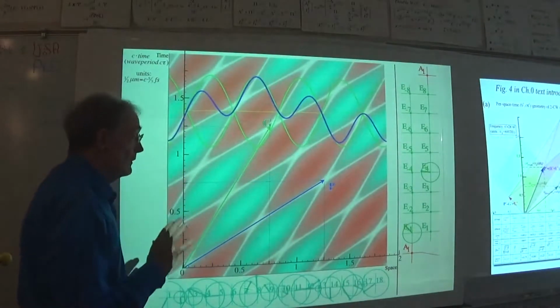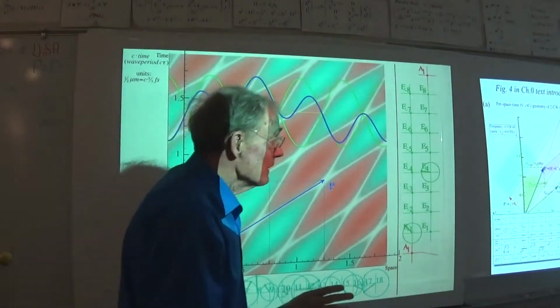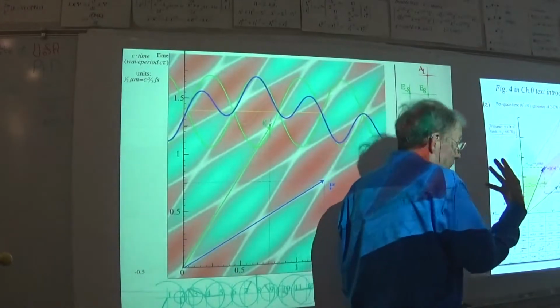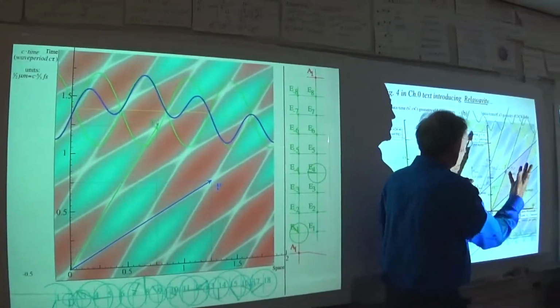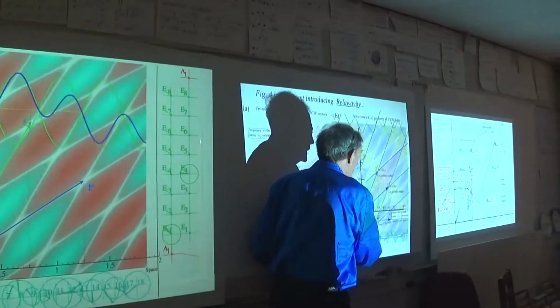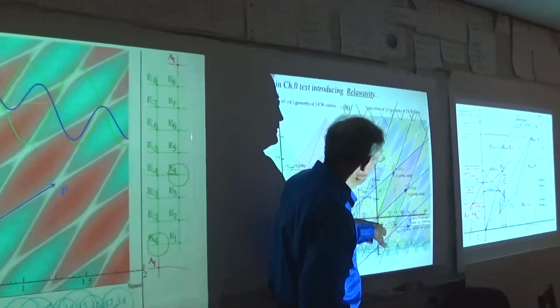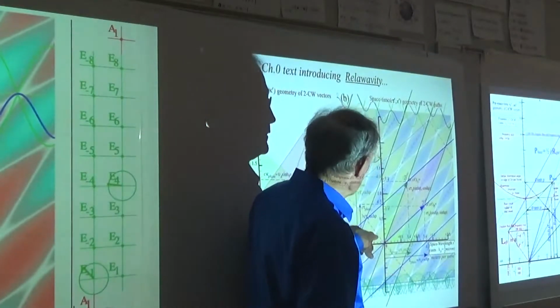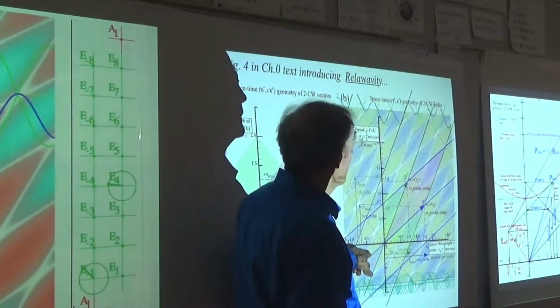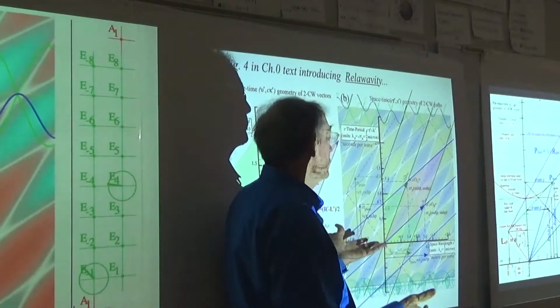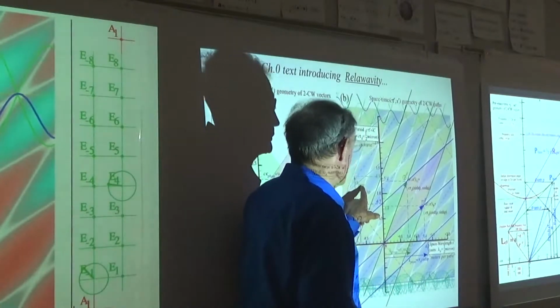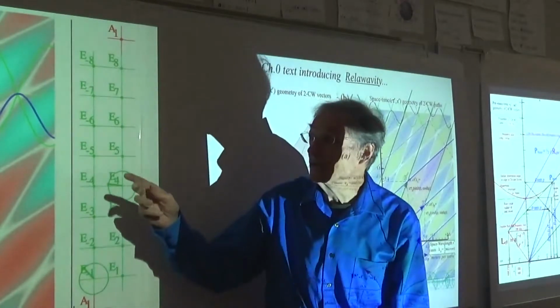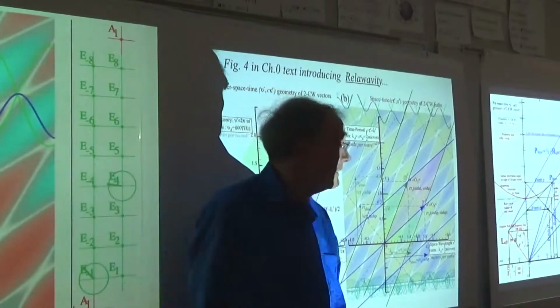So I want to make sure that you see that we make two charts of these things. First of all, the space-time graph that has space and time here and keeps track of the wavelength on the space axis and the period on this axis. And there are 2 things we're worrying about here. The group, which is marked in green, corresponds to the green of the envelope of this.